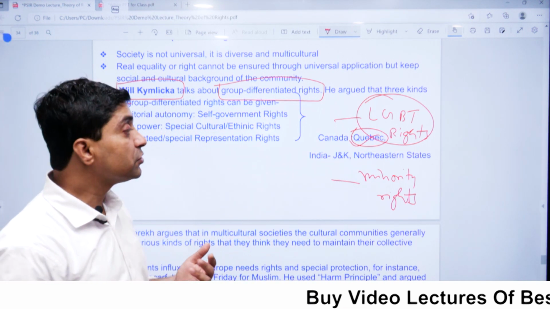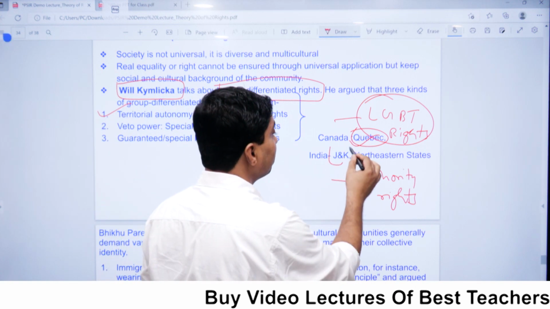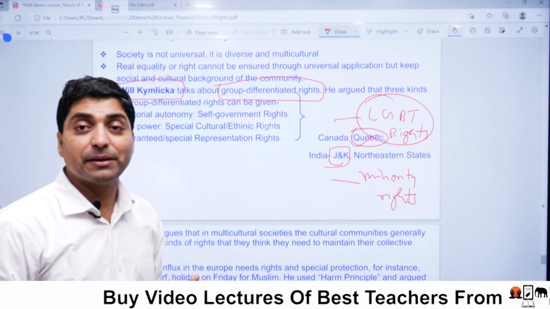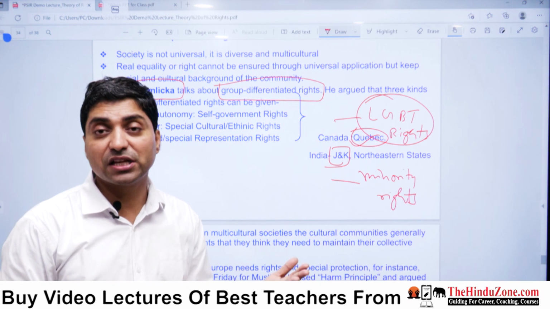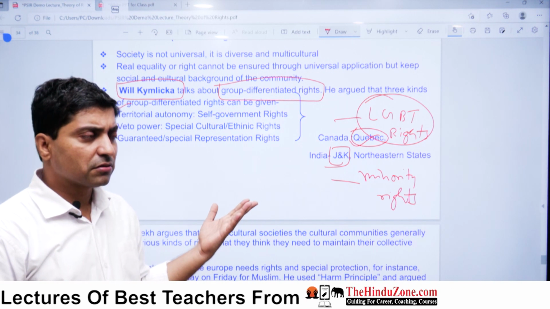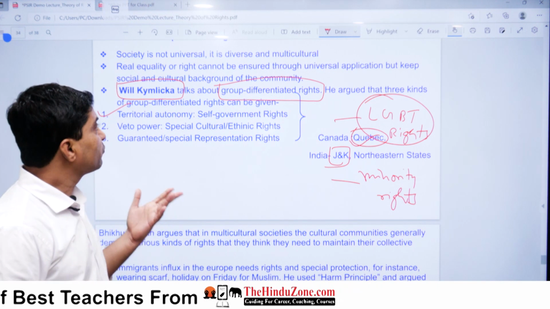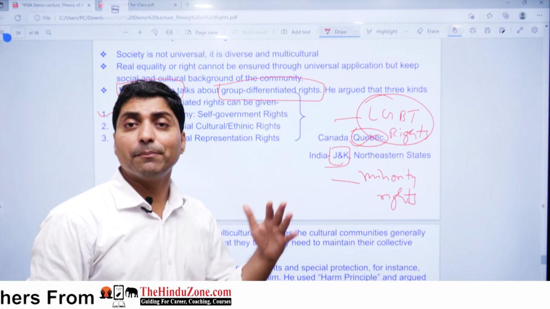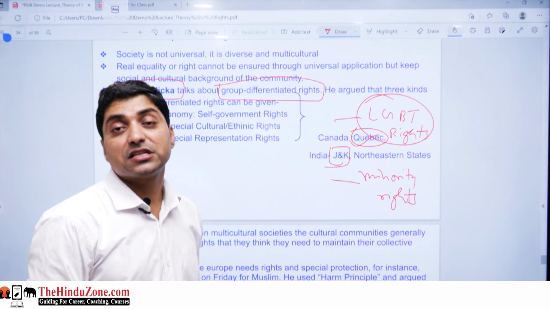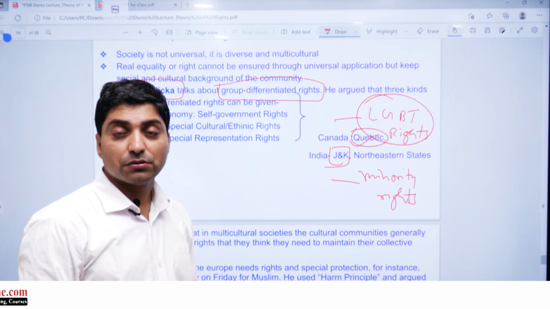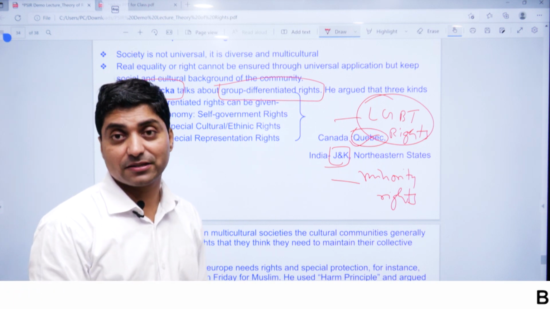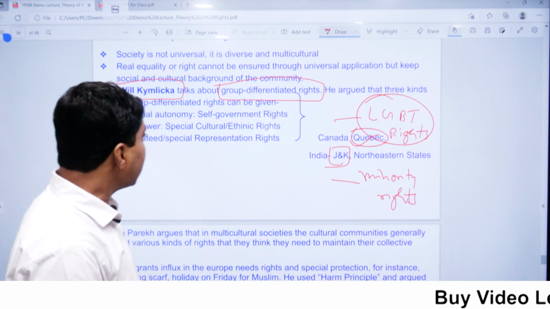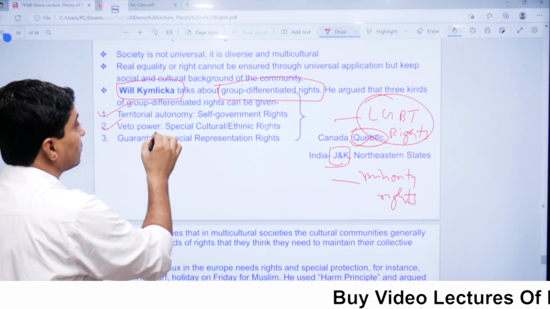For example, Jammu and Kashmir in India, where the majority is Muslim. Kymlicka would say that Kashmir should have self-autonomy rights, Kashmir should govern themselves, right? Second, he said the veto power.